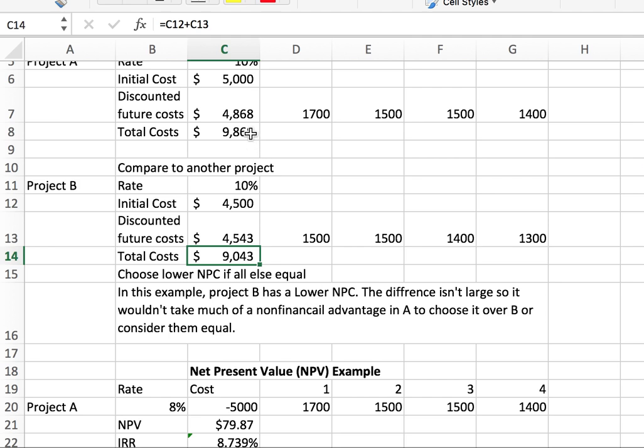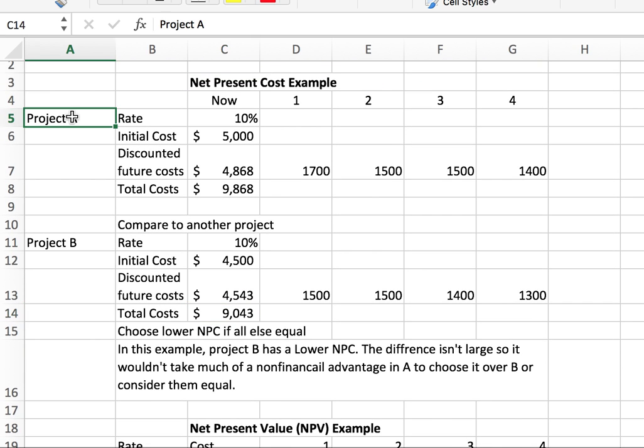In other words, if I'm going to spend $9,800 on one and $9,000 on the other, the $800 difference to me here, this is a judgment call, isn't so significant that I wouldn't be looking at, does project A, whatever project A is, in this case a bus, have some advantages that project B doesn't have. It could be reputation, it could be better color selection, it could be almost anything. But is that worth $800 difference, or do you consider these equal and you look at other things?